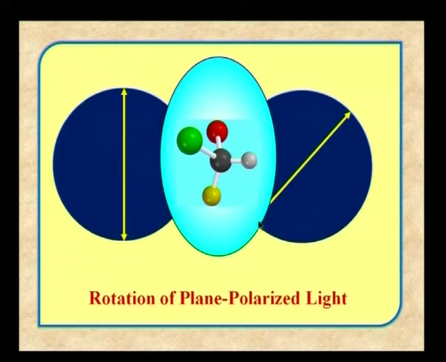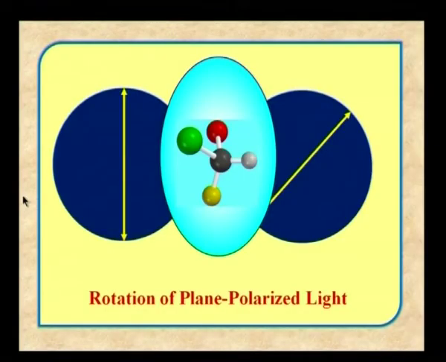So, the plane is looking like this, the plane polarized light, it undergoes a rotation through an angle alpha or theta when it is passed through an optically active medium, and this optically active medium may be a solid substance or a liquid substance. If it is sugar, the device that leads to this kind of rotation is called saccharimeter. A saccharimeter is one which can be used to measure the optical activity or specific rotatory power.